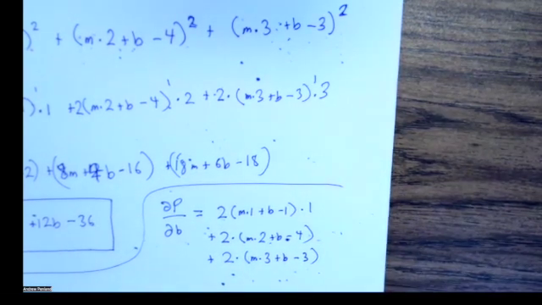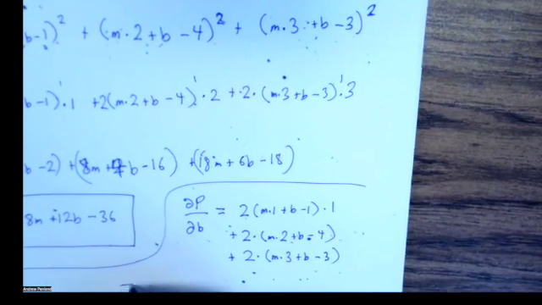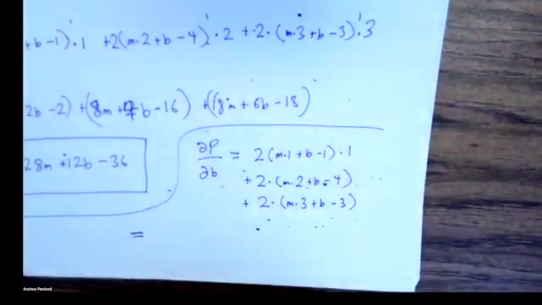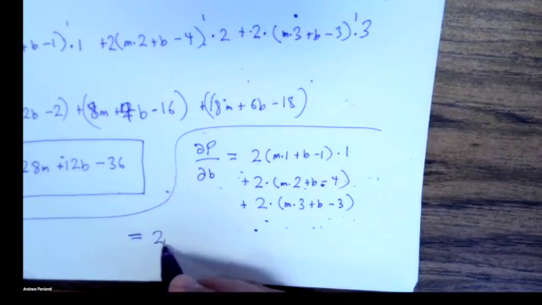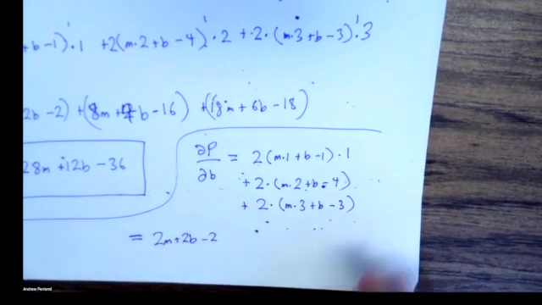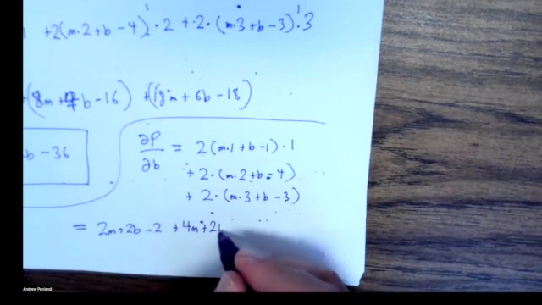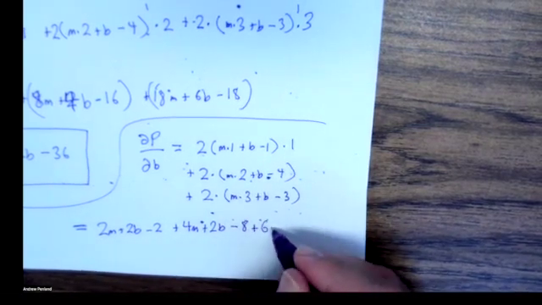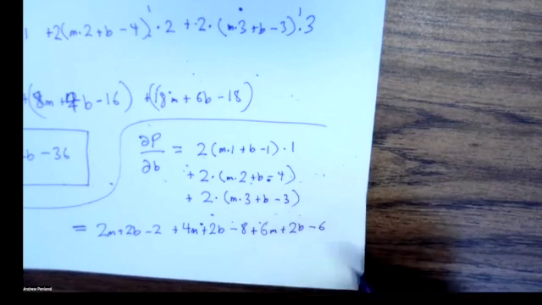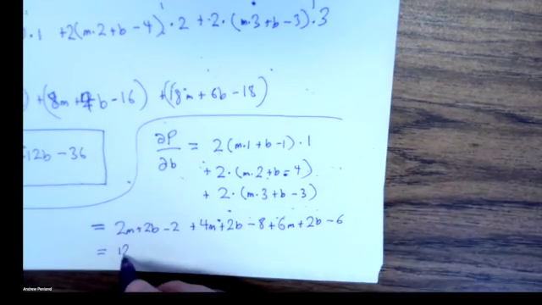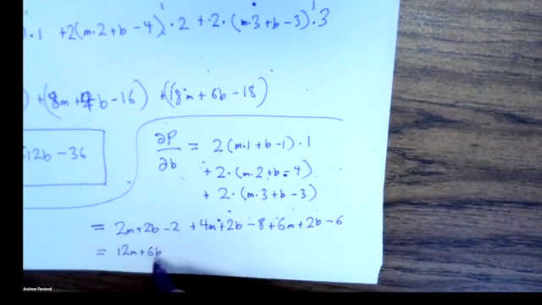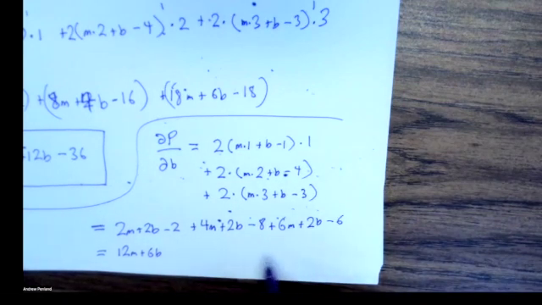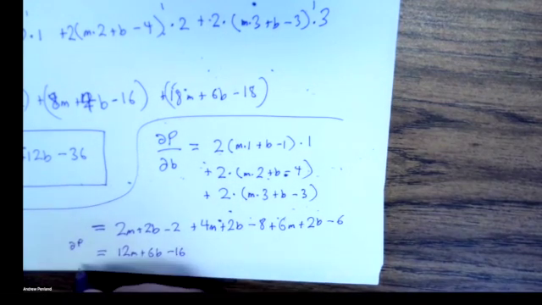I agree. I really appreciate you catching my mistake, and if I've done something wrong, I really appreciate when y'all point that out. So this will be 2m plus 2b minus 2 plus 4m plus 2b minus 8 plus 6m plus 2b minus 6, which is 12m plus 6b minus 16.